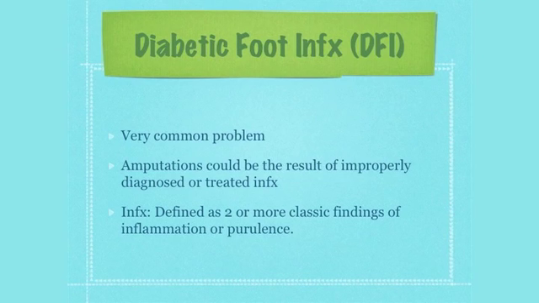Like Dr. Koligan said, this is a very common problem. Amputations are very common, but it's usually the result of a misdiagnosis or a mistreated infection. Infection is defined in our literature as two or more classic findings of inflammation or purulence.